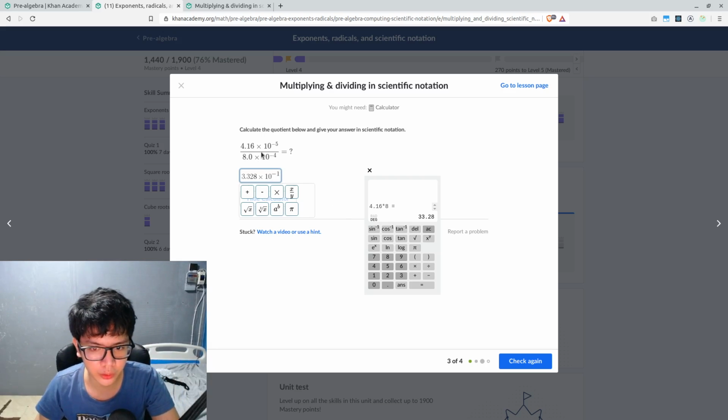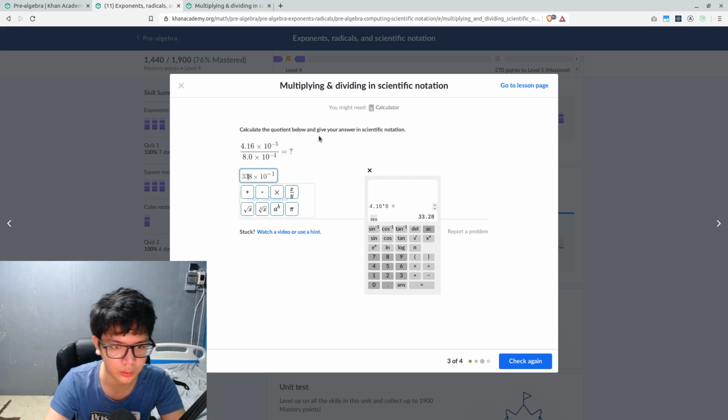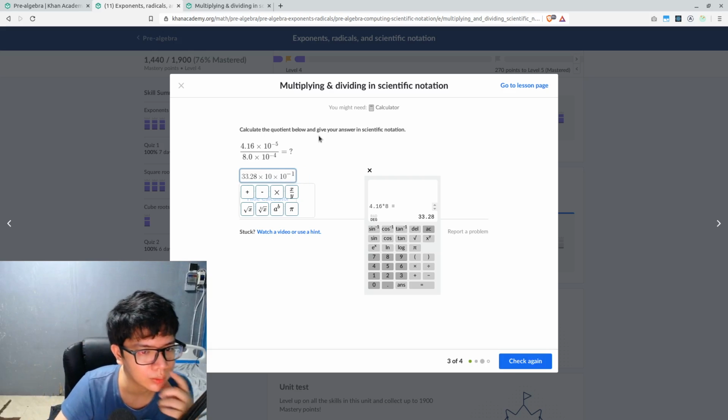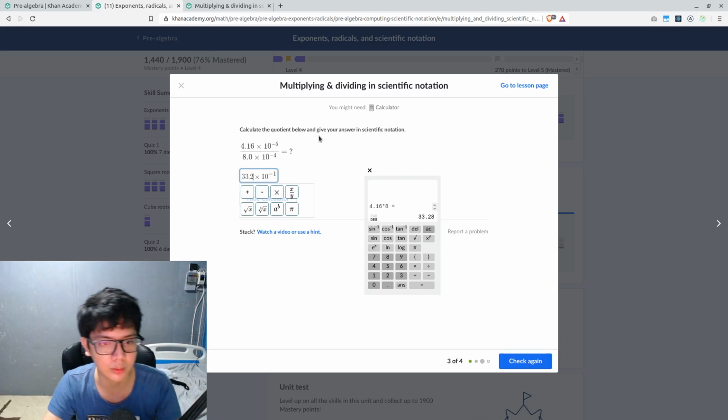The 4.16 times 8 is 33.28, times 10 raised to -1. 10 raised to -1, right?